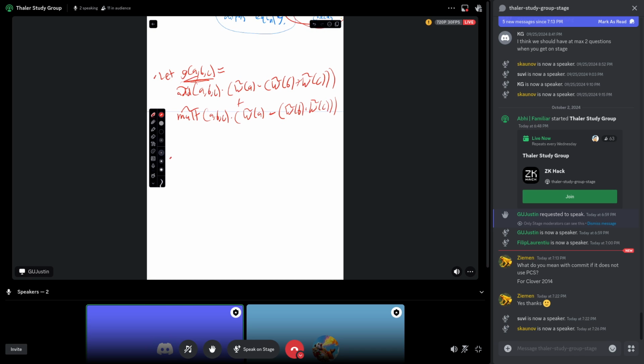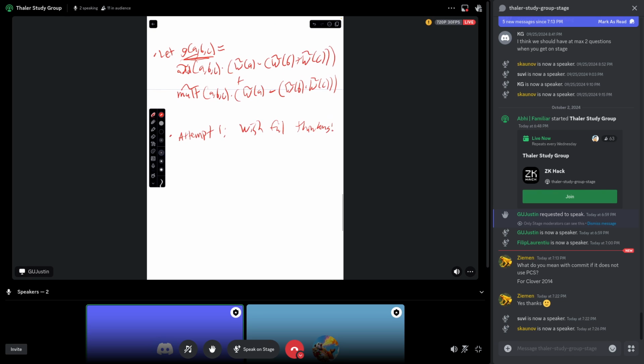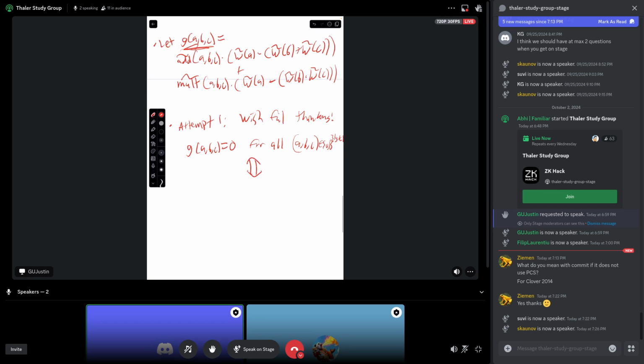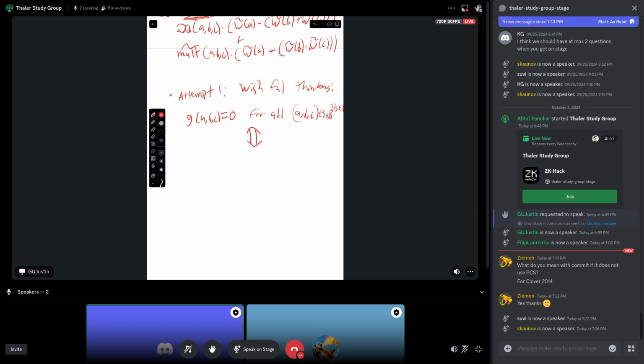Okay, so here's an attempt that doesn't work. Let me call it attempt 1, wishful thinking. What we want is that G(A, B, C) equals 0 for all Boolean inputs A, B, C in {0,1}^(3 times log circuit size). I want this to be equivalent to some giant sum equaling 0.